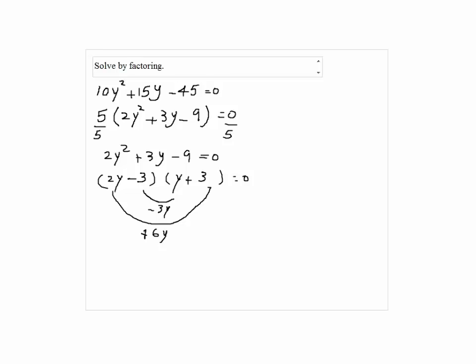Notice negative 3 times plus 3 is minus 9. So we have 2y minus 3 is equal to 0. 2y is equal to 3, y is equal to 3/2, or y plus 3 is equal to 0, y is equal to minus 3.